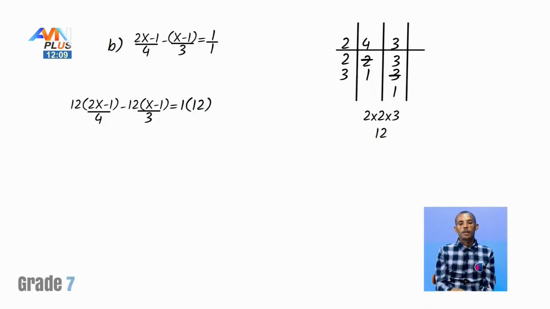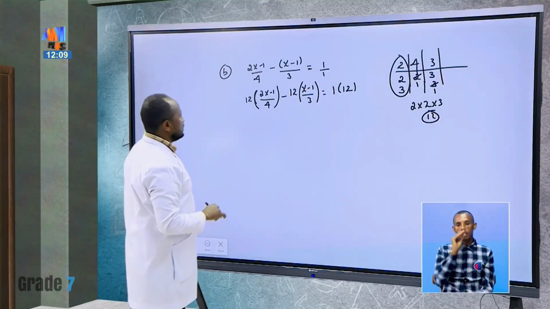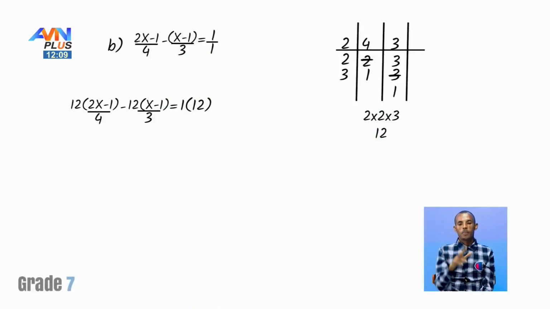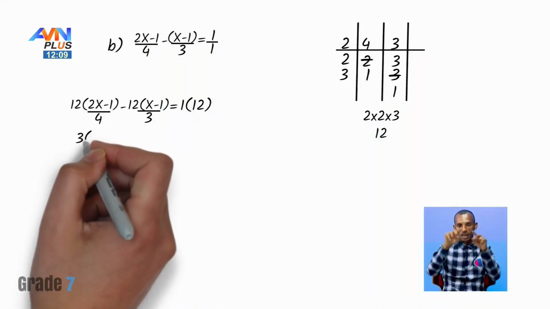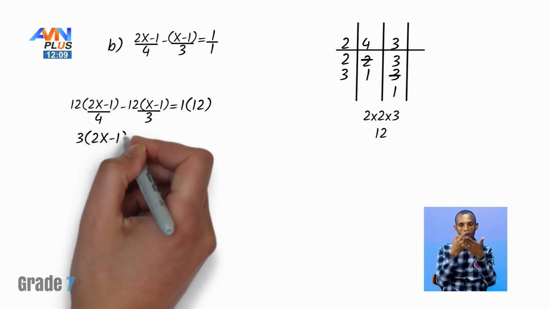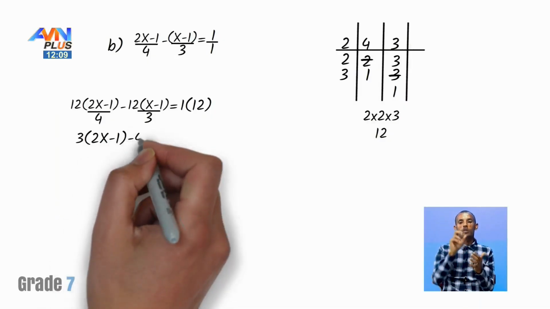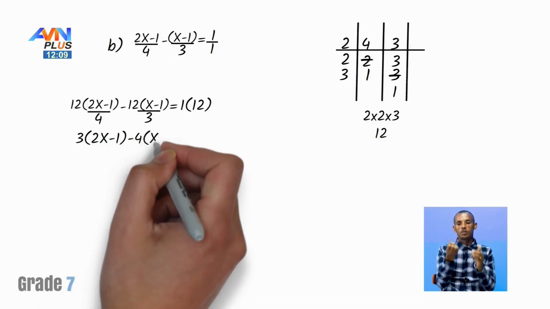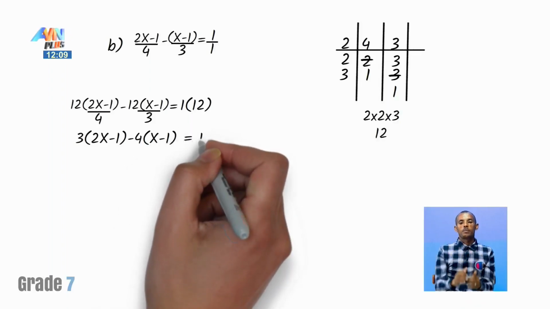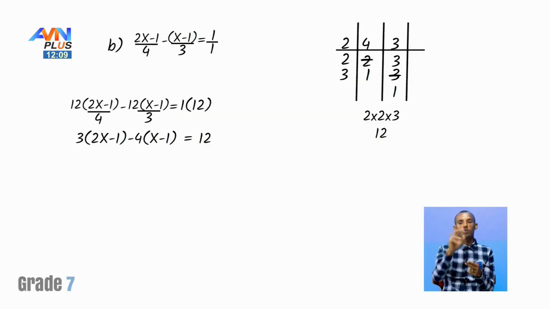Each term is multiplied by 12. And let's simplify it. 12 divided by 4 is 3, so 3 into 2x minus 1 here. Again, 12 divided by 3 is 4, minus 4 into x minus 1 here. 1 times 12 is 12.